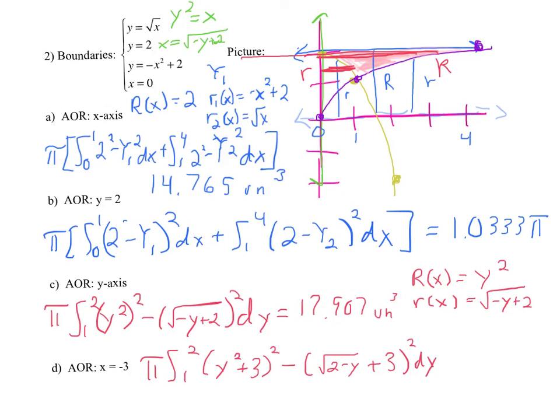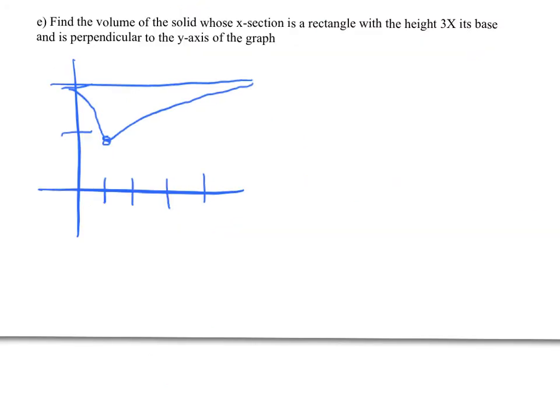And putting that into our calculator should give us 15.699 pi units cubed. In the last part of this problem, we're going to be finding the volume of a solid that has this region as a base, and the cross sections of this solid are going to be rectangles that are perpendicular to the y-axis.